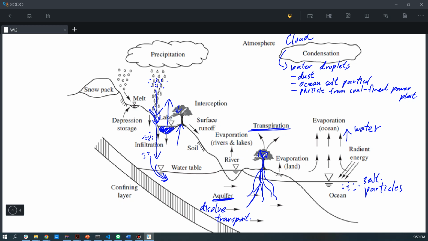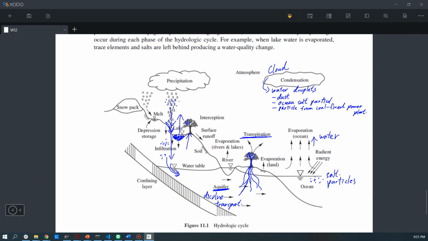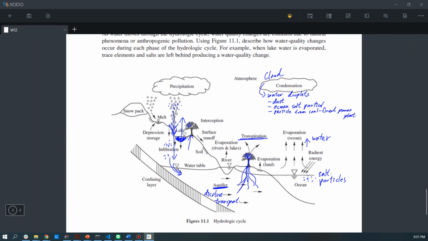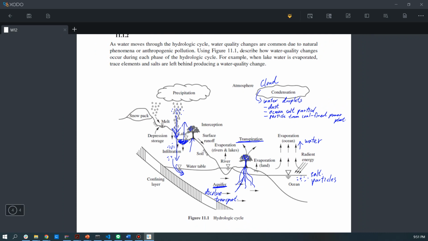We talked about the transpiration that brings the energy for trees to absorb the water from the ground. Okay, so I think these give you an overall view of how they affect the water quality in these different hydrological processes.